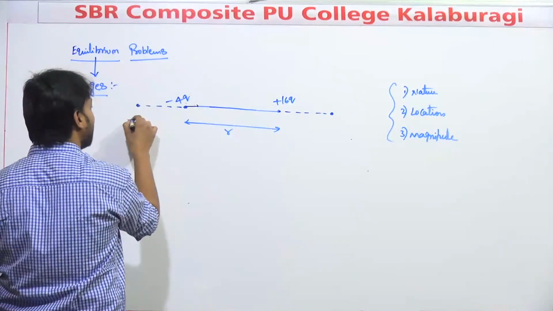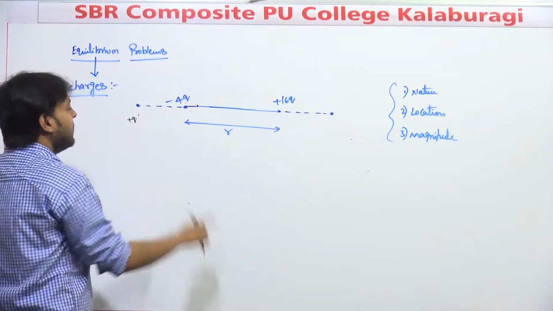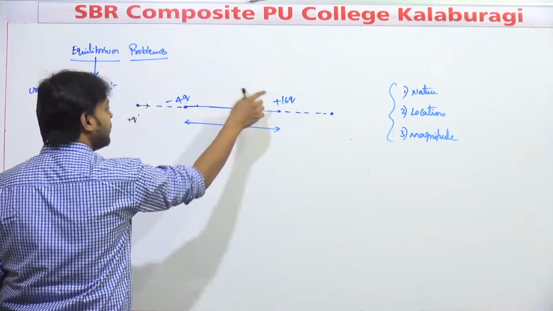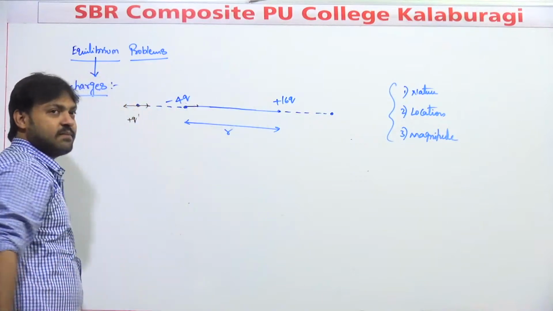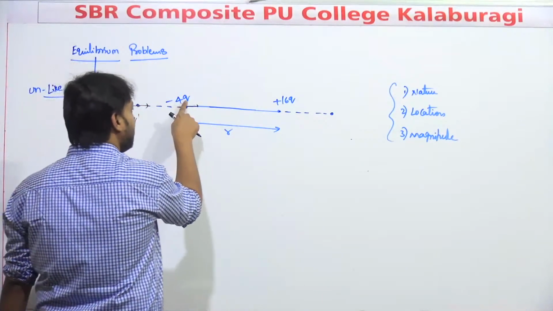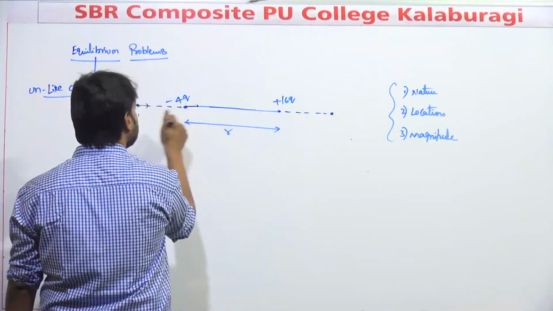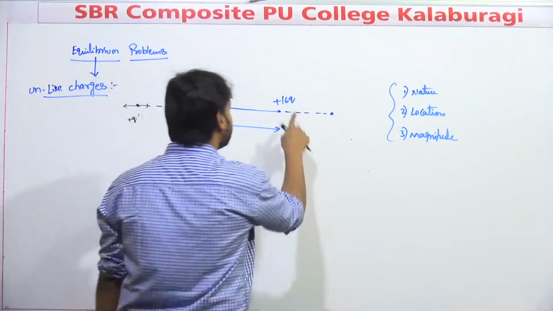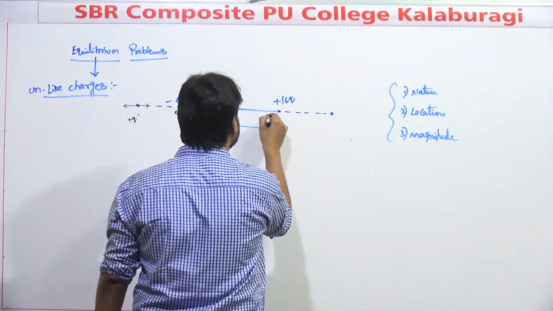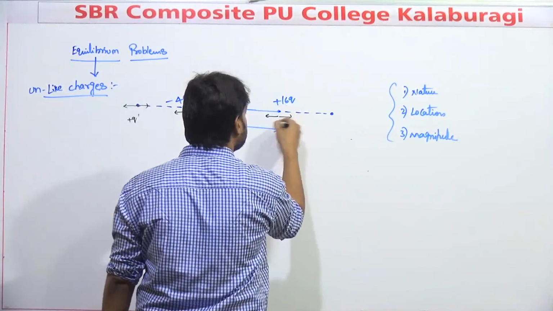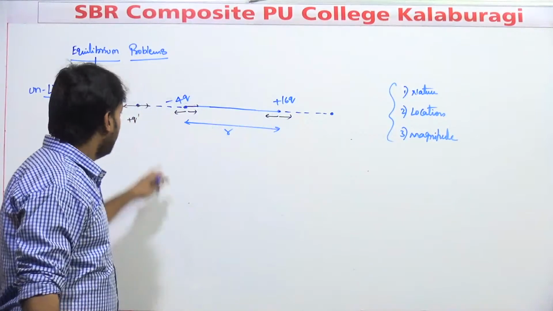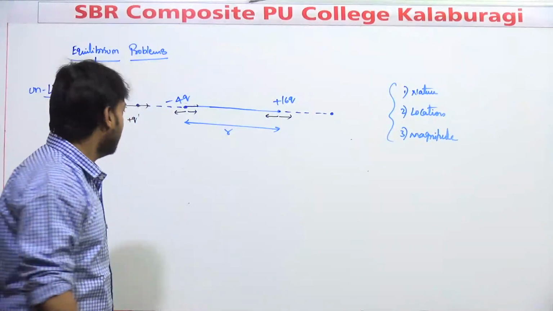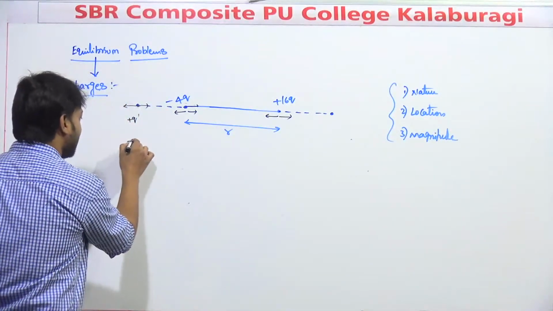Assume this point first, and I am placing plus q dash. Positive, negative: attractive. Positive, positive: repulsive. Very good. Next, minus 4q, minus plus attractive, and minus plus again attractive. Next, positive, negative, attractive; positive, positive, repulsive. Yes. On all three charges we got opposite directions of forces, yes. Now check with minus q dash.